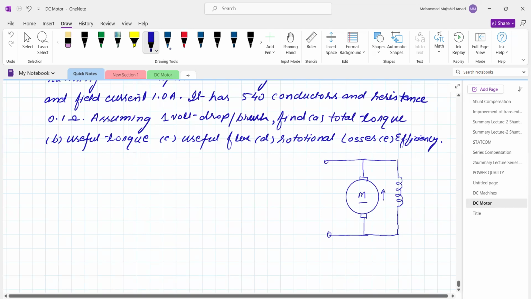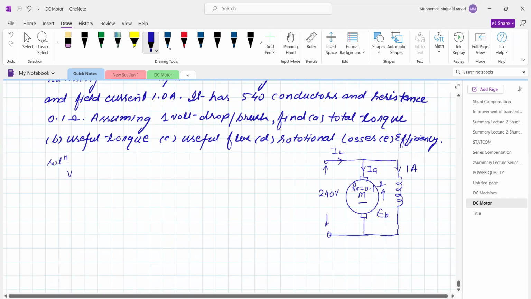Back EMF. Now, what points are given? The armature resistance Ra is equal to 0.1 ohm, whereas the brush voltage drop is given, and the field current is equal to 1 ampere. So this is the load current IL. Ia is the armature current, and the voltage of the motor is 240 volt. So it is the supply voltage.